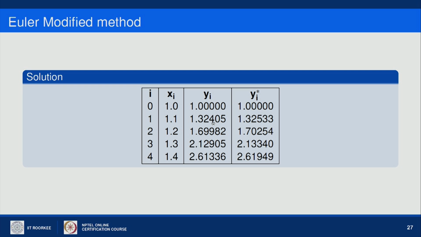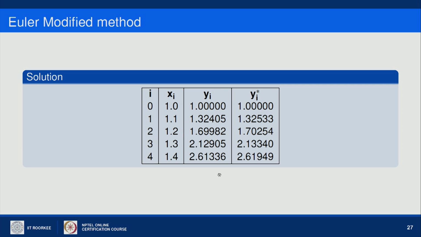So, a very small difference we are having here, that is after the third place of decimal. Then y at x equals to 1.2 is 1.69982, the exact one is 1.70254, y at x equals to 1.3 is 2.12905, the exact one is 2.13340, and then finally these are the approximate and exact values of y at x equals to 1.4.